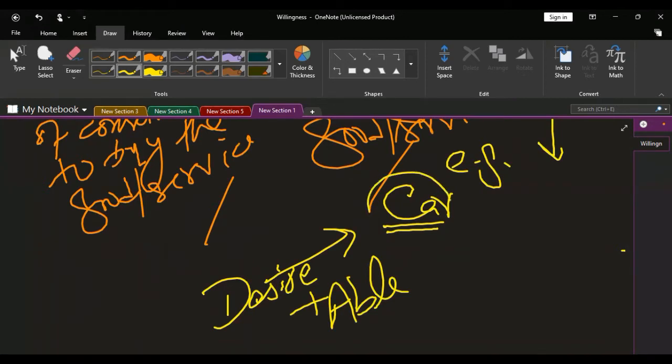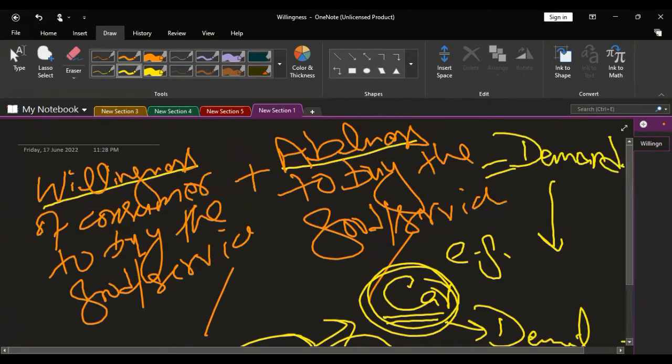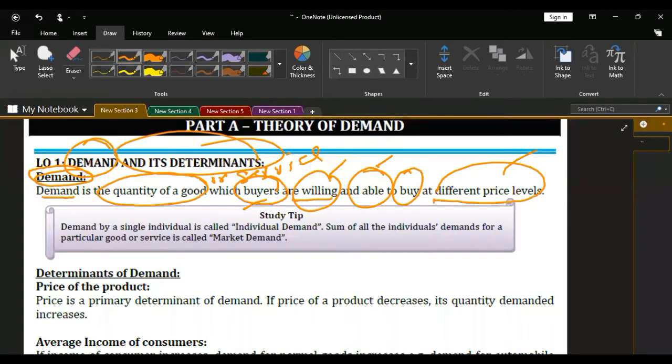Then such willingness and ableness to purchase this car is called demand for the car. So demand is the quantity of goods or services which the buyers are willing and able to buy at different price levels. This is the definition of demand.